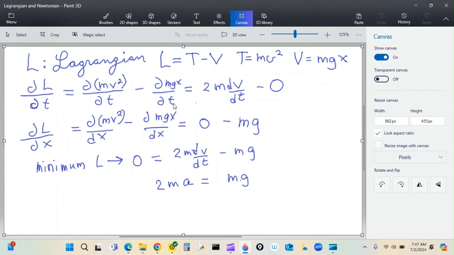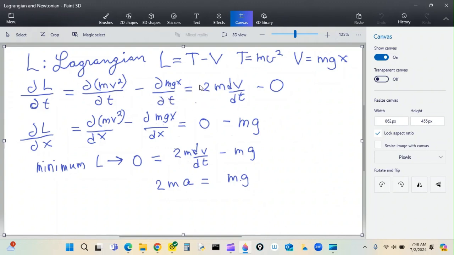Now, this might be a little bit of confusion because you say, well, the potential energy is going to change with time. Yes, potential energy does change with time, but it's a function of x. It's a function of position. So as far as position is concerned, there's no change at all.